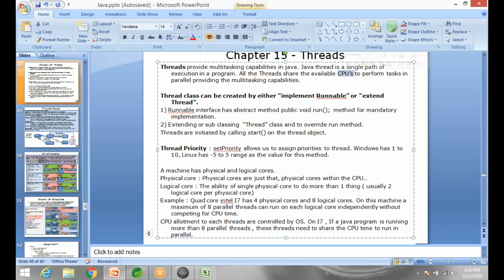Your brain, just like CPUs, is processing information at a speed of nanoseconds. Nanosecond is like how much? How much is 1 nanosecond? 10 power negative 9, a billionth. A billionth part of a second is a nanosecond.